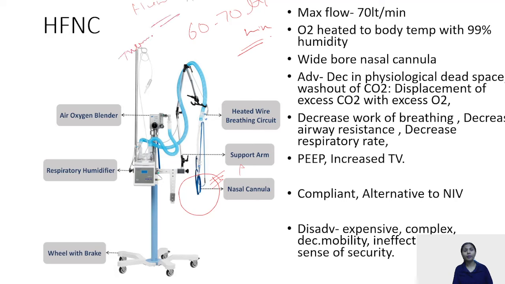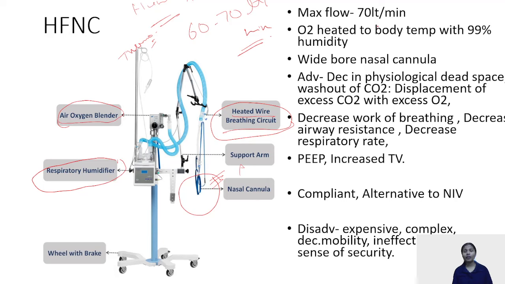This device has a humidifier inbuilt as well as an air-oxygen blender, plus a heated wire breathing circuit, which is meant to stabilize the temperature. The maximum flow could be 70 liters per minute. Oxygen is heated to body temperature and humidity is maintained at 99%. Then it is a nasal cannula.